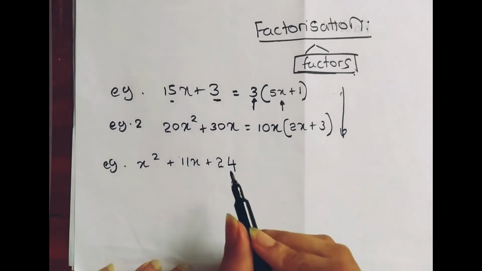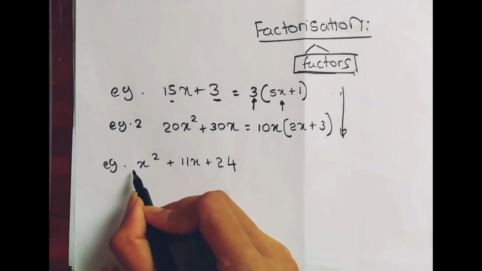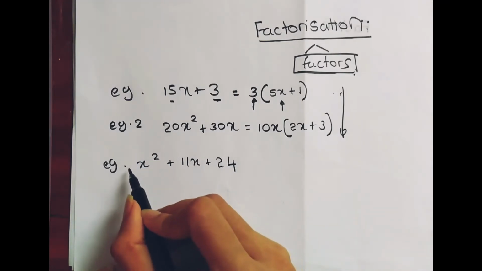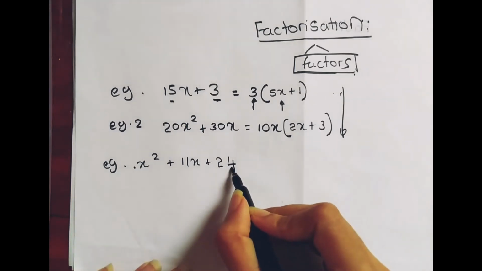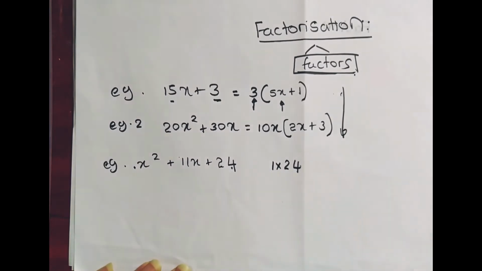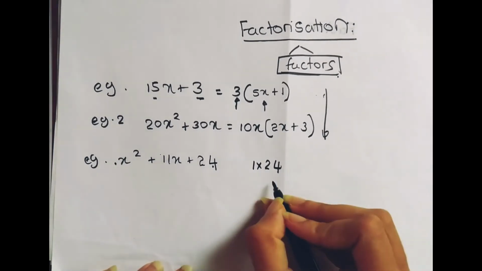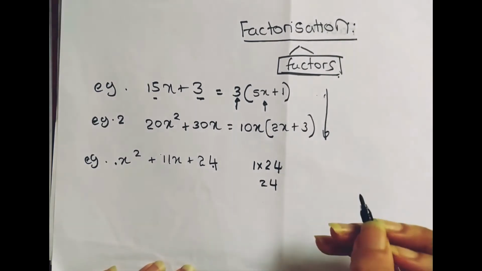First, look at the coefficient of x squared, it is 1. So the coefficient of x squared multiplied by the constant, 1 into 24, that is 24.